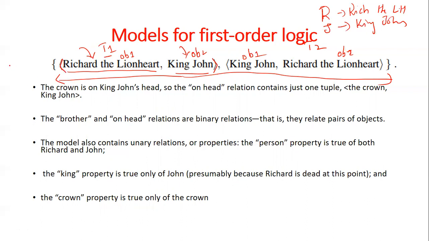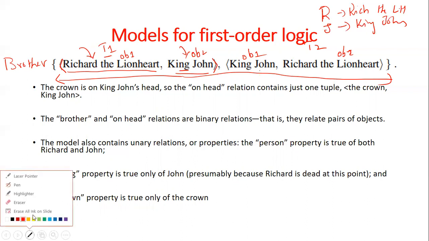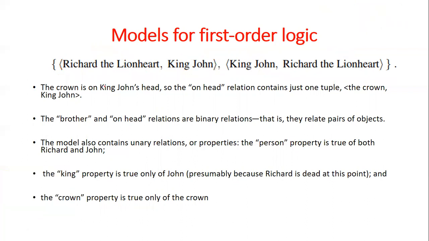Okay, so now we can say that this entire thing can be connected with brother. So what does it mean? It means that Richard the Lionheart is the brother of King John, and also King John is the brother of Richard the Lionheart. Okay, so that's what it means. Fine. The crown is on King John's head.